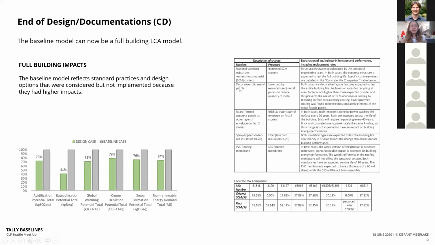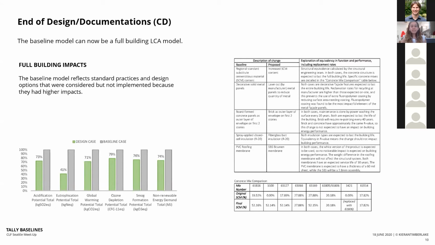And then at the end, we chose to implement these 5 big changes that helped us achieve these reductions. One of them was, of course, substitute cementitious materials. So for all our different concrete mixes, we increased the SCM percentage in all of them. And then we also looked at different roofing membrane materials and then different insulation materials and facade materials. And implementing all of those decisions helped us achieve these reductions.